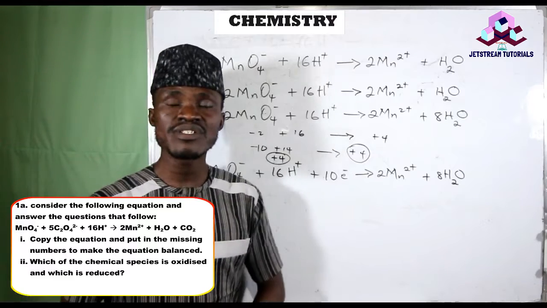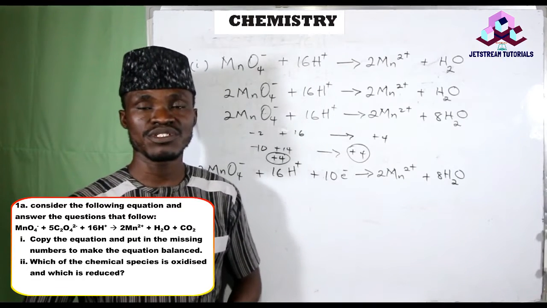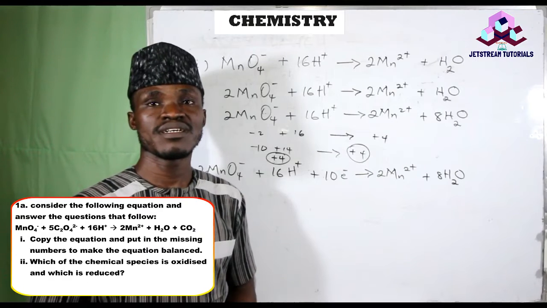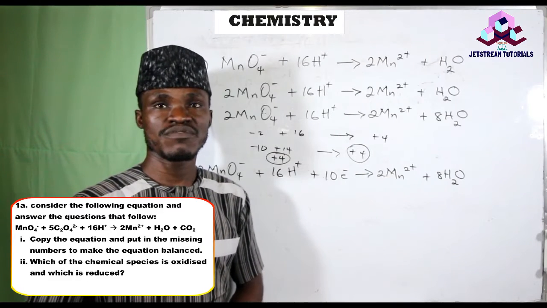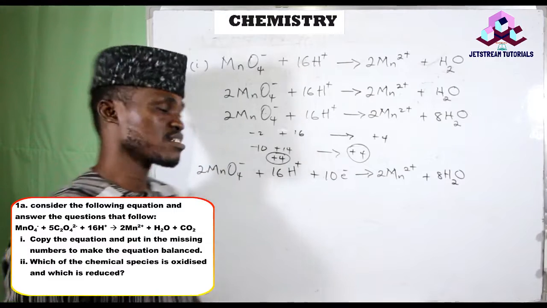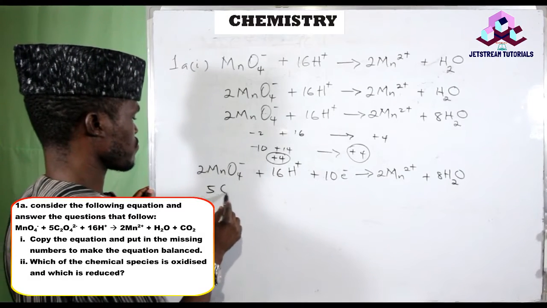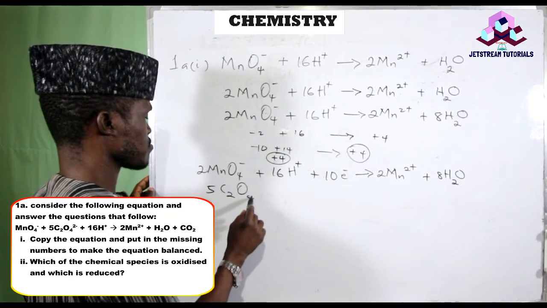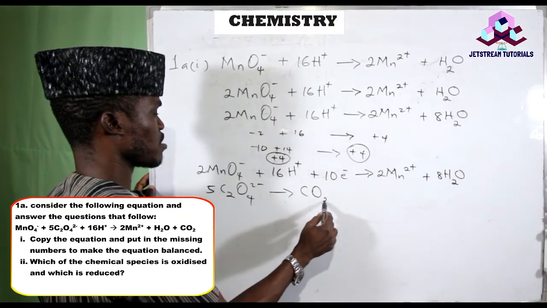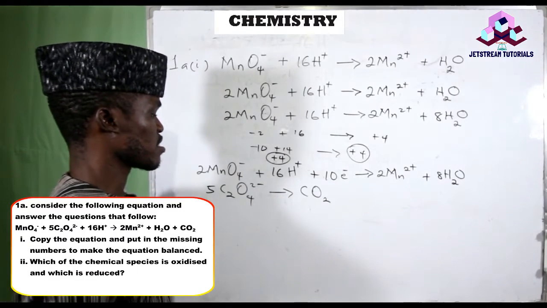Then, taking a look at the other side of the equation, which is the oxidation reaction, we have 5 moles of oxalate ion giving us 1 mole of carbon dioxide gas.